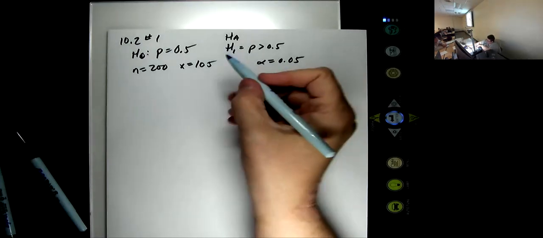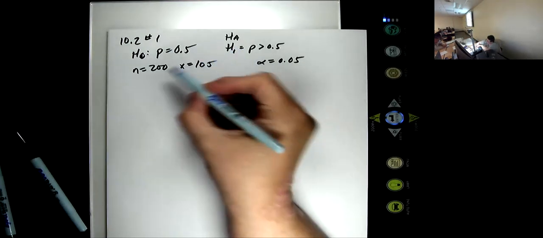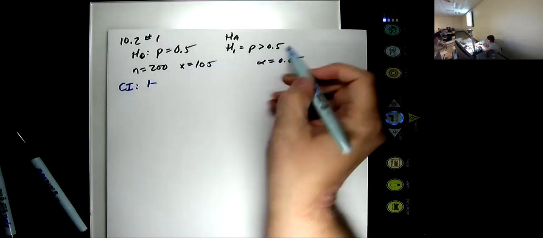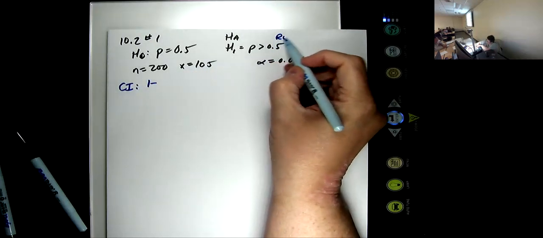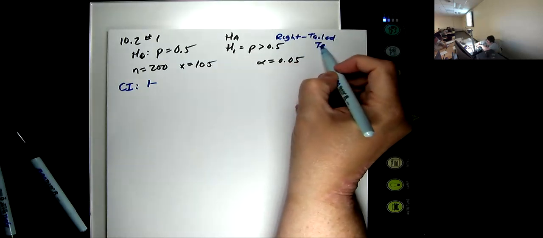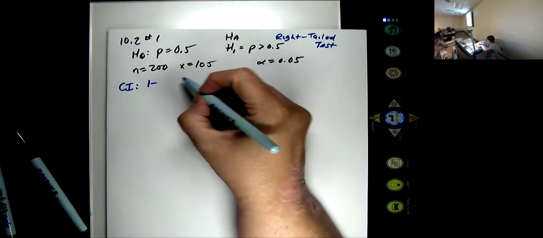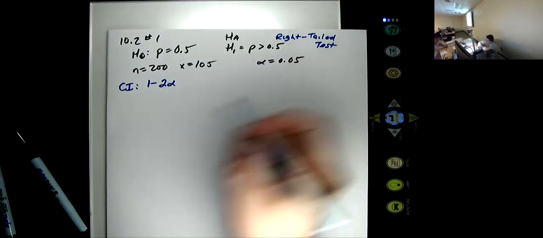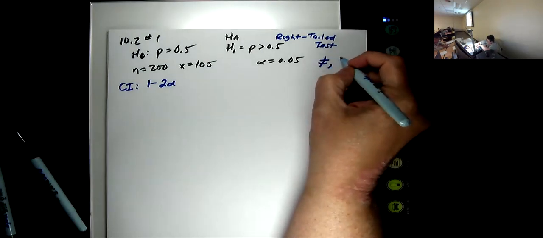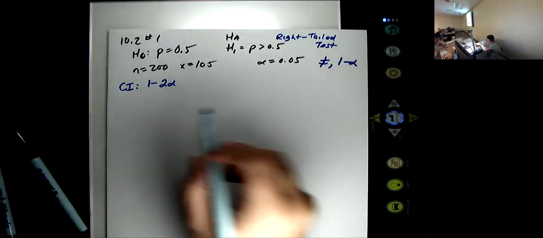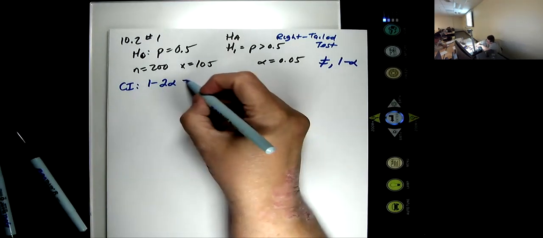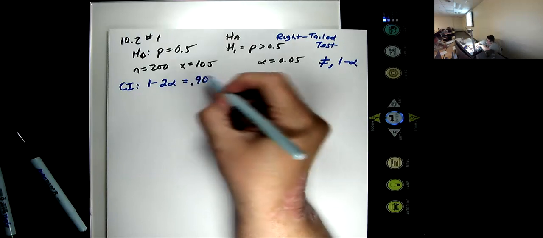Now, before I continue, I want to show how this looks. For our confidence interval, since it's greater than, this is a right-tailed test, it's 1 minus 2 alpha. When it's not equals, we just do 1 minus alpha. But for the one-tailed test, we do 1 minus 2 alpha. Again, we get our 90%.